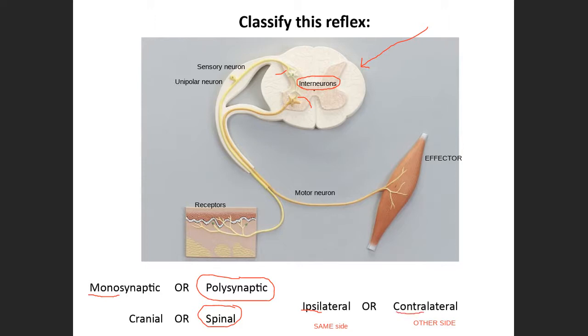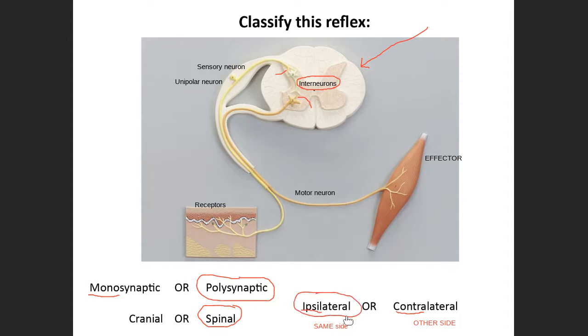When you look at a reflex, the side that the sensory neuron goes in, we want to compare that to the side that the motor neuron goes out. Because the sensory neuron and the motor neuron both go in and out on the same side of the spinal cord, this particular reflex is an ipsilateral reflex.